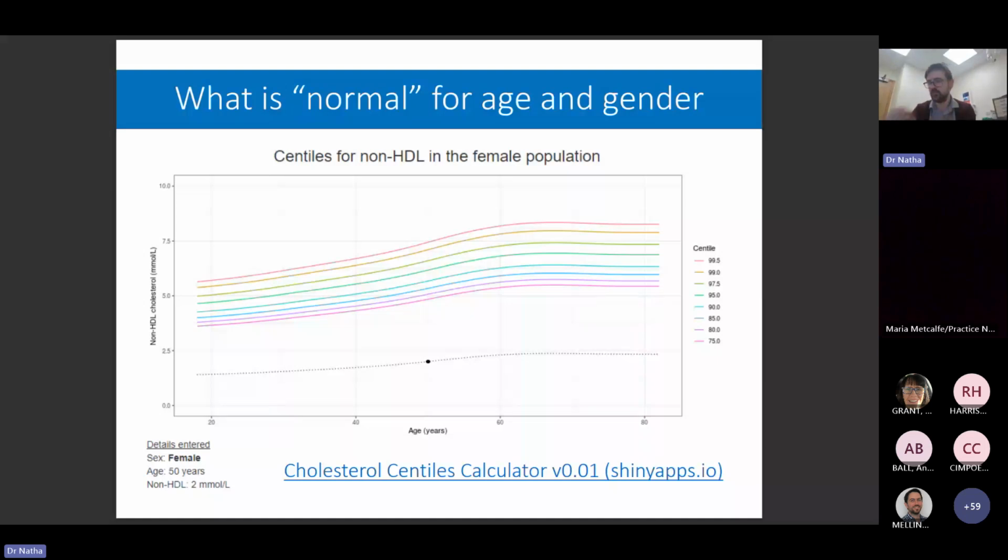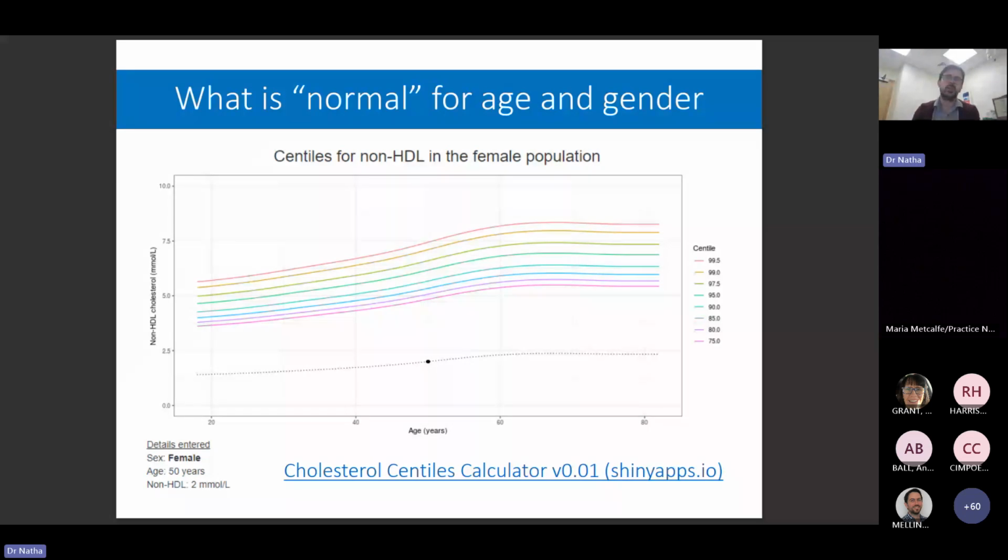This link will be available in the slides shared after the meeting, that you can use to help put things into context. But I stress, still keep the cutoffs that we refer to for considering genetic dyslipidemia in mind, but just note that as you get older, your cholesterol values will go up physiologically.